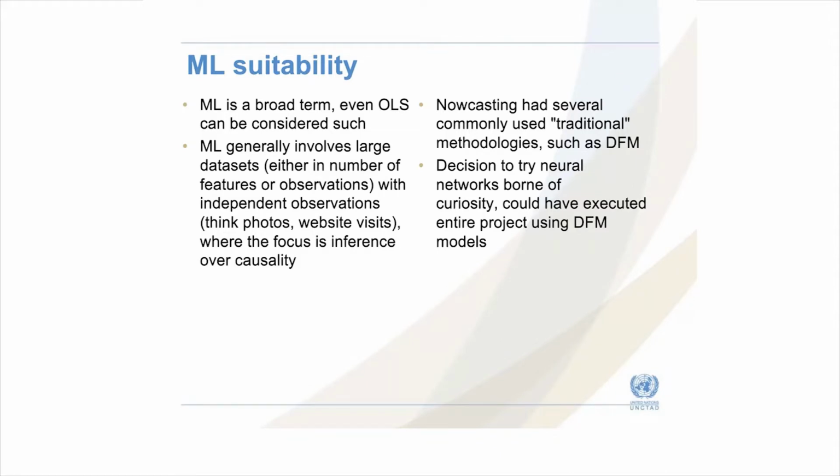One very common one is the dynamic factor model. And dynamic factor models are as much machine learning as any other, neural network or decision tree, boosted trees, etc. In my opinion, it's more about the space that they're used in. It's more used in academia and in the international community, etc., rather than in private enterprise. So it's not often going to be labeled machine learning, but the principles are really the same.